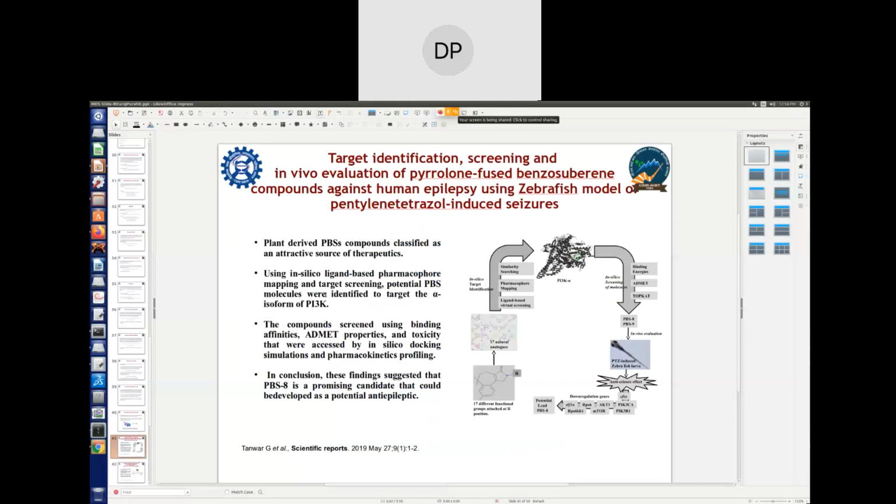This is one of the works which we have done to identify, screen and evaluate benzosuvinine bioactive molecules against the PI3K receptor.